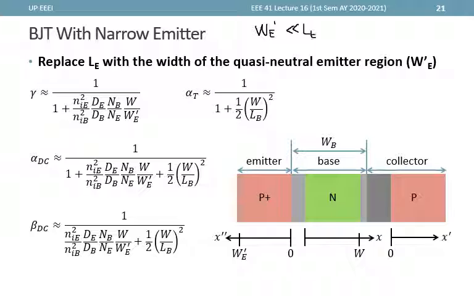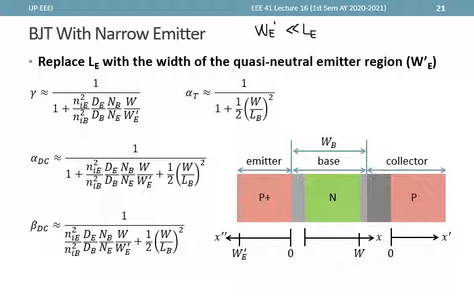So let WE be the metallurgical width of the emitter, and WE prime would be when we subtract XP for this junction. If this happens, similar to what we discussed for the base, there should be approximately no RG happening within the quasi-neutral region of the emitter.